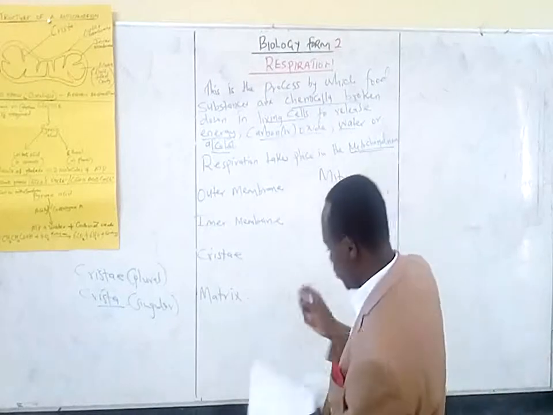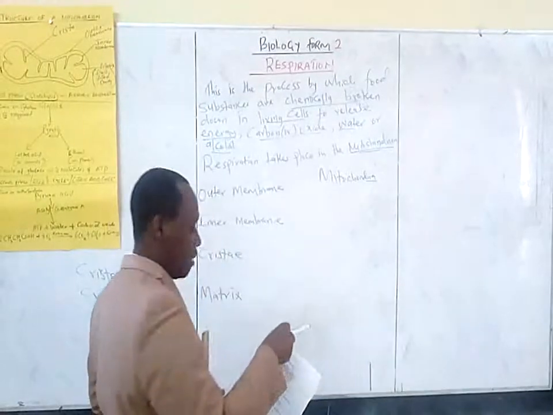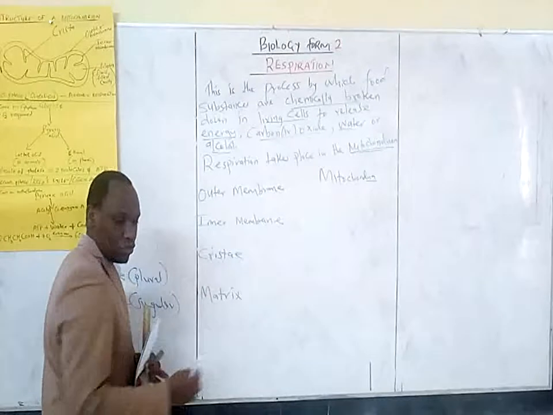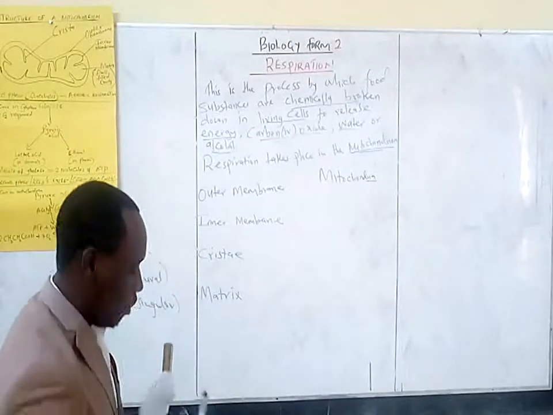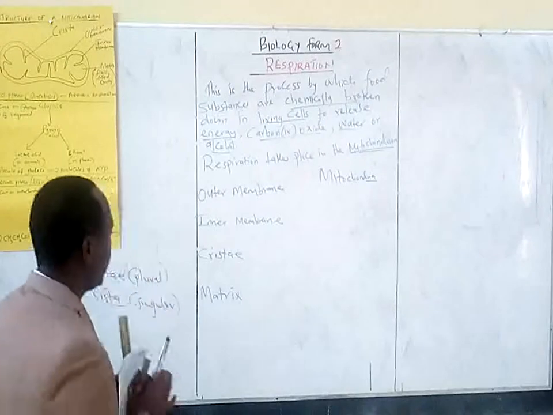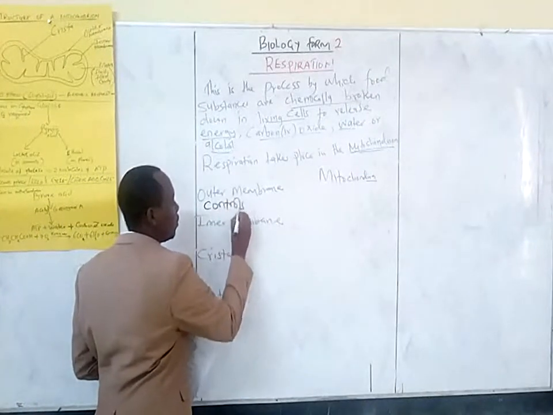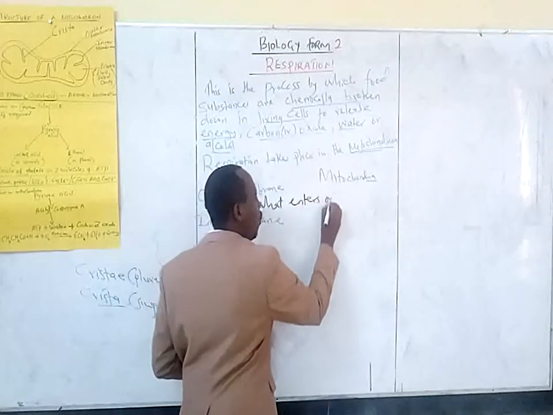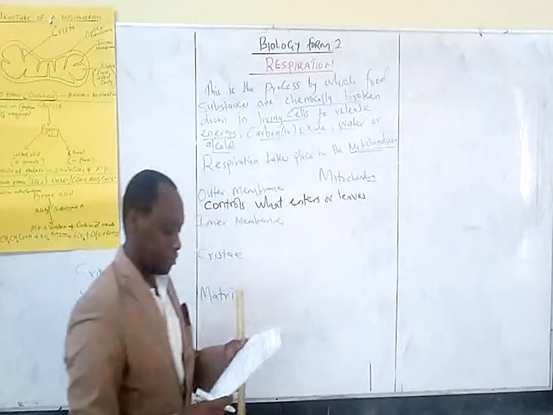So I need to help you understand the functions of these parts. For example, the outer membrane controls what enters and leaves the mitochondria.